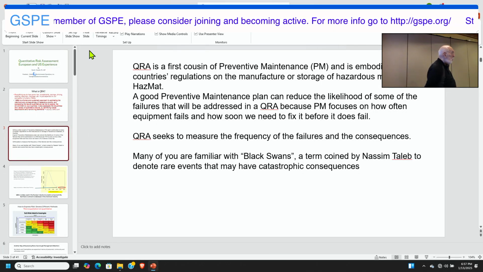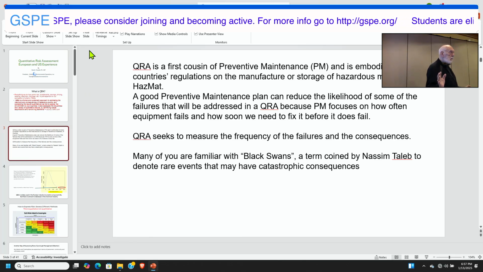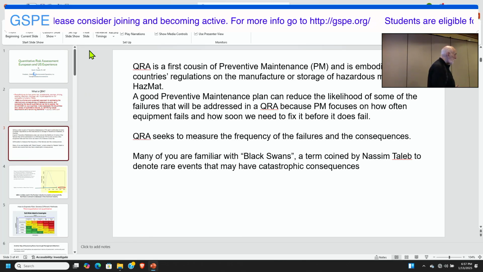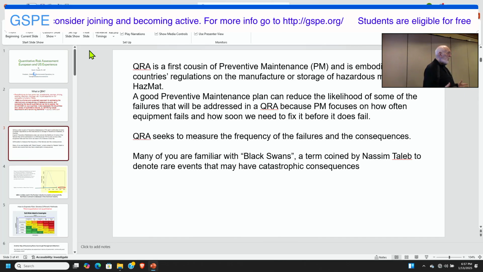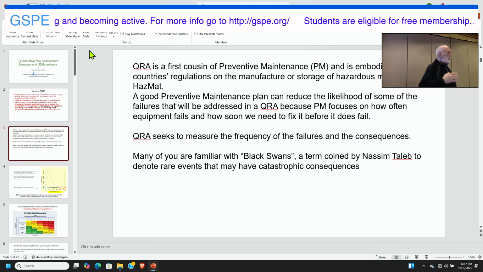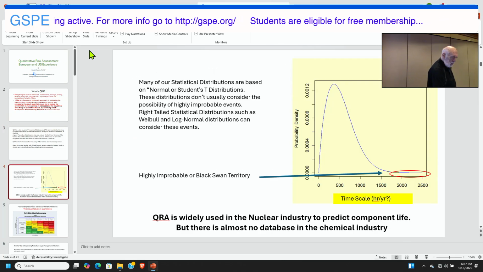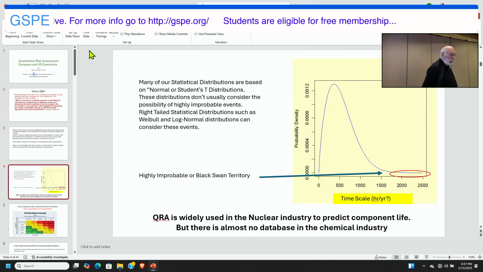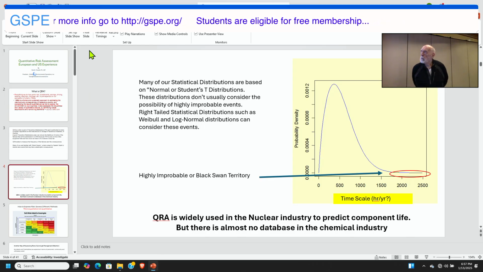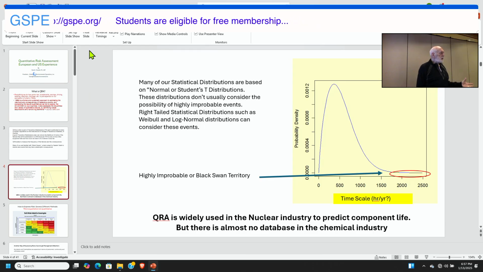Many of you are familiar with the concept of a black swan. Anybody here not? A rare event that's outside the normal range of what we call statistical probability. It's a high impact, low frequency event. Here's, for example, many of our statistical distributions are based on normal Student's t, but nature doesn't know anything about a normal Student's t event.